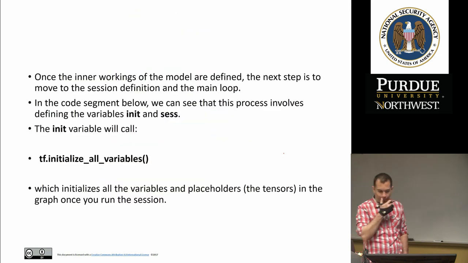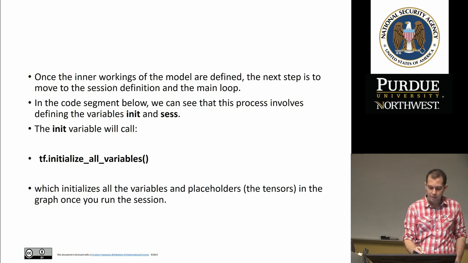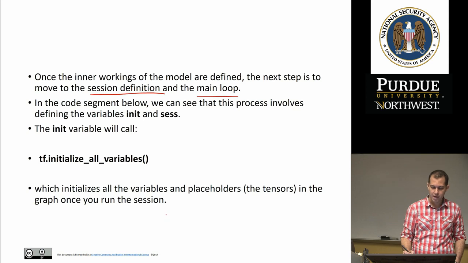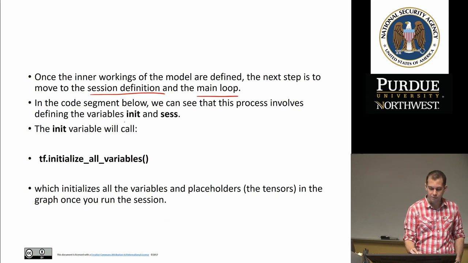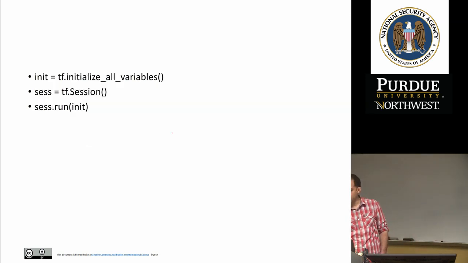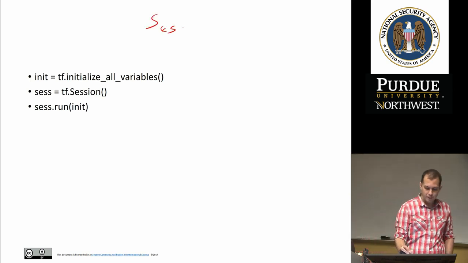Okay. So once the inner workings of the model are defined, the next step is to move to the session definition and the main loop. So that's kind of the conclusion. I'll just say a few things about this. In the code segment below, we can see that this process involves defining init and session. So you can see here, this is basically where we define the session.